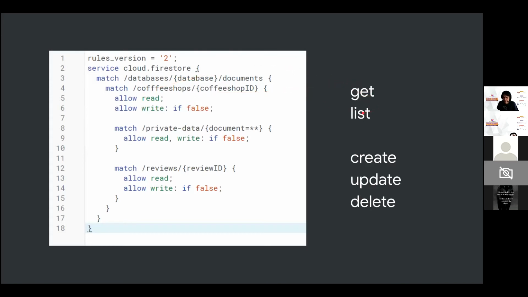If you want to write security rules for both get and list, that's what read means. Read means get and list, and write means create, update, delete. Most of the time we will find ourselves writing security rules individually for these operations instead of read and write, but these are handy shortcuts if needed.